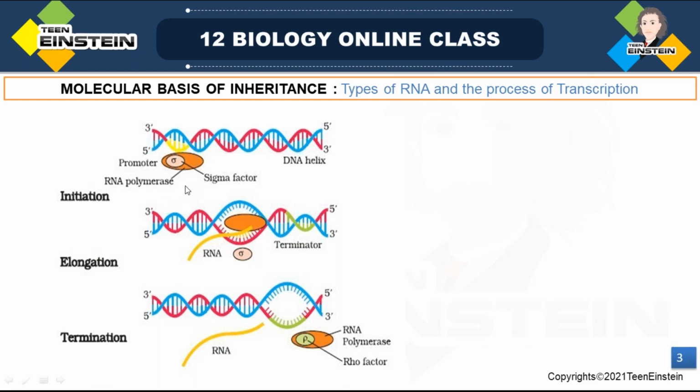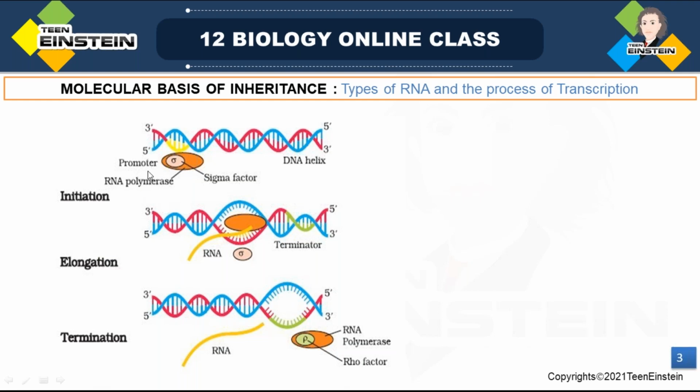So that RNA polymerase initiates the transcription process, and that step is called initiation. So what is initiation? The DNA dependent RNA polymerase binding to the promoter region. Promoter, from that term itself, it's very clear, it is promoting that process.